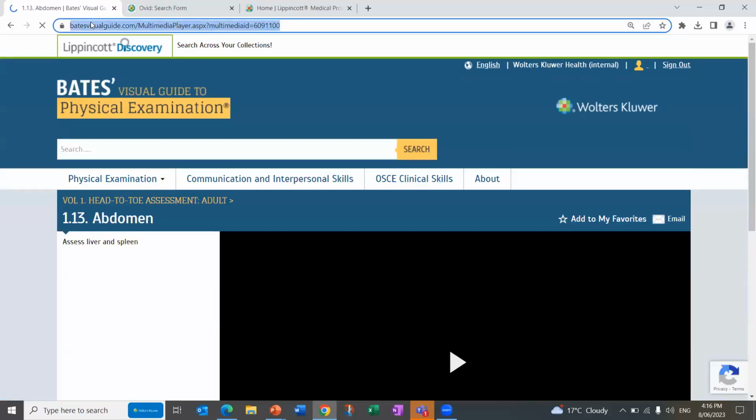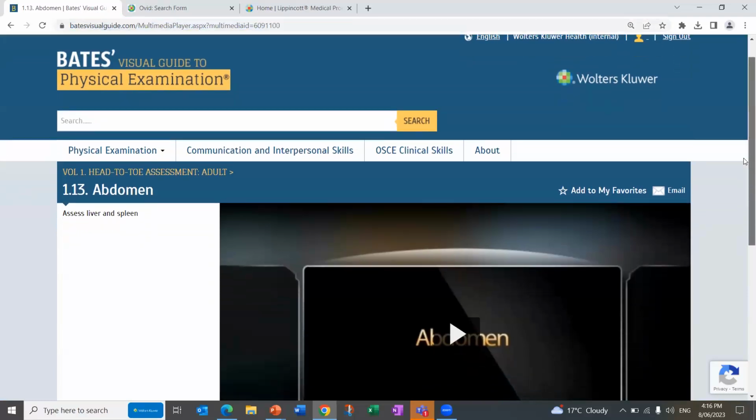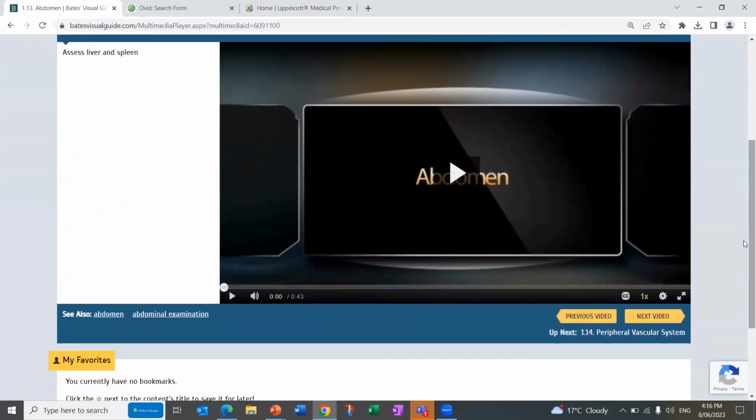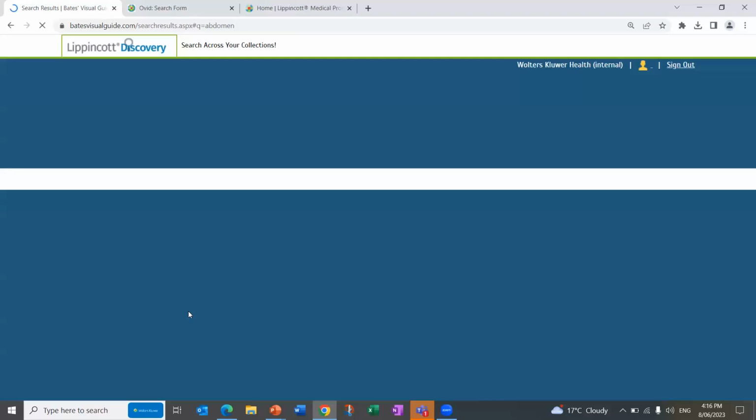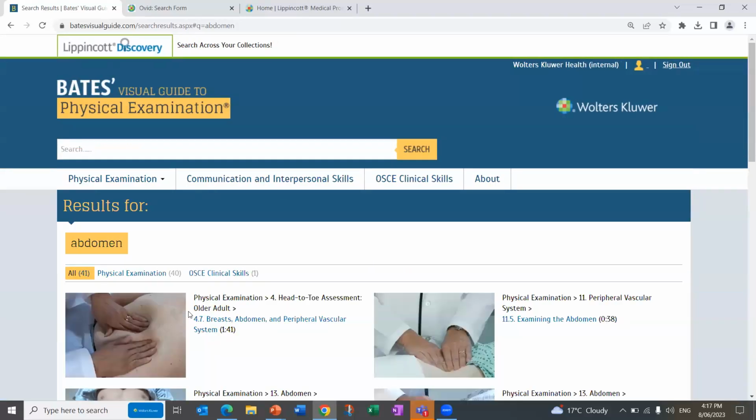And even here, we can see that URL. This is the URL that you would be able to use to come back to this screen. If I show you the features of this content, we can link into a specific part of this content here, or also here and here, and do searches for information that is about the physical examination of the abdomen.